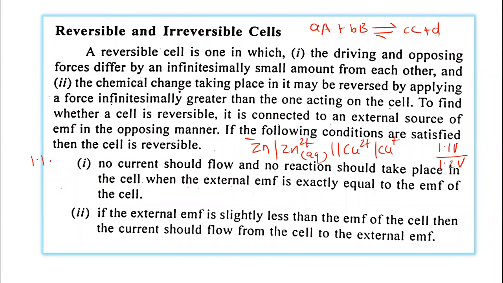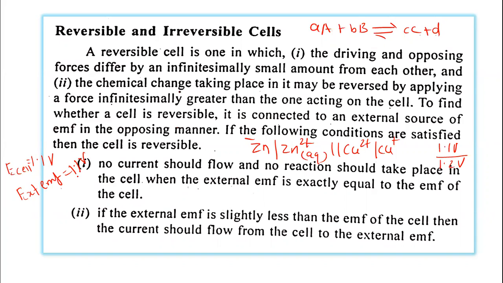That is the EMF of the cell. Internal EMF in case of the Daniell cell is equal to 1.1 volt. And externally, when we supply electricity, external EMF is also equal to 1.1 volt.